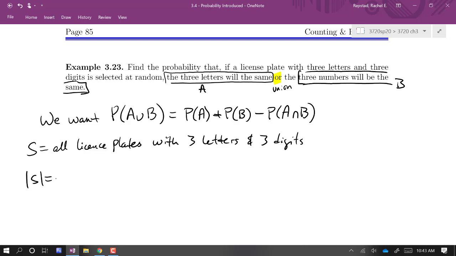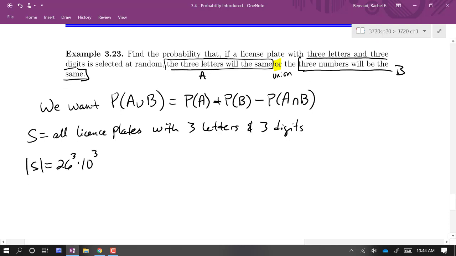So we are selecting with repetition both letters and digits, and using the multiplication counting principle, that means that the size of the sample space will be 26 cubed times 10 cubed.